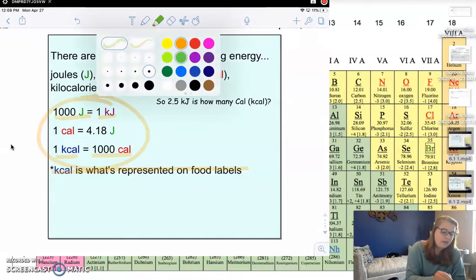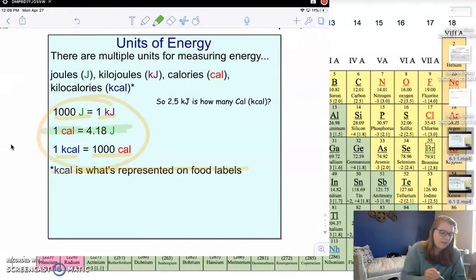The unique one here is this: 1 calorie is equal to 4.18 joules. That is going to be our main conversion factor between calories and joules, because like I mentioned, in some instances calories is more appropriate than joules and vice versa. So this is just something that you need to feel comfortable with. Again, your main bridge is 1 calorie is equal to 4.18 joules, and then the other two is just 1,000 per 1 kilo, depending on which one you're talking about.